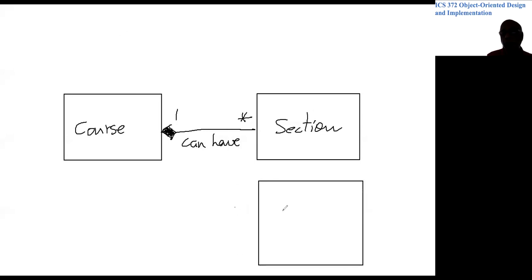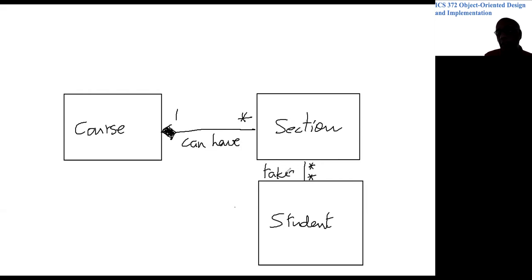suppose we have a class called Student, then we can relate these 2 by writing that a section can hold multiple students, and a student can be in multiple sections. So we write like this. It's a many-to-many relationship. And what do you want to call this relationship?